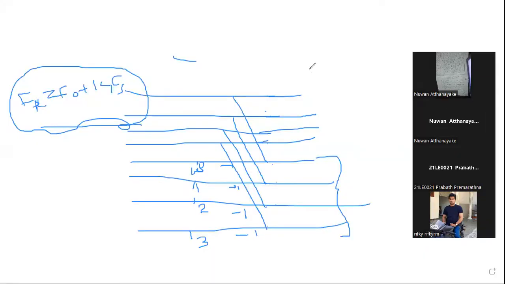If you are asked to find the Fourier transform of this kind of cos signal, you have to evaluate the integral, 1 by T cos 2 pi F t, e to the power minus j omega naught.